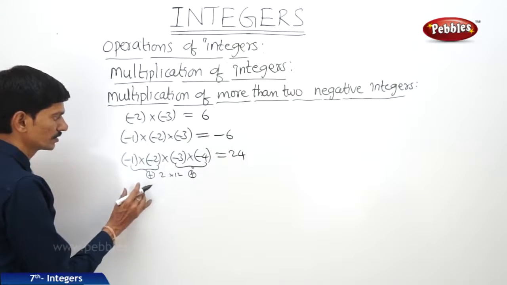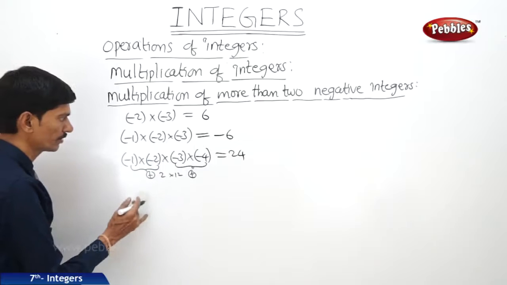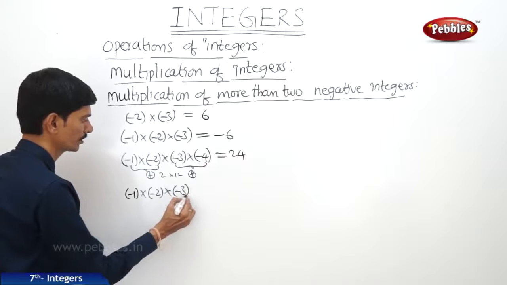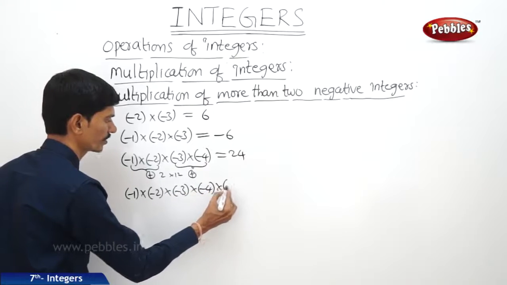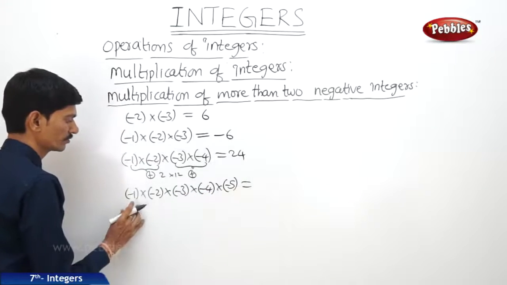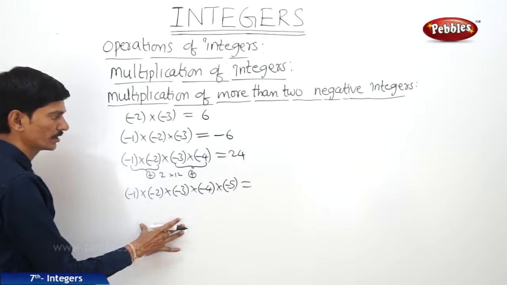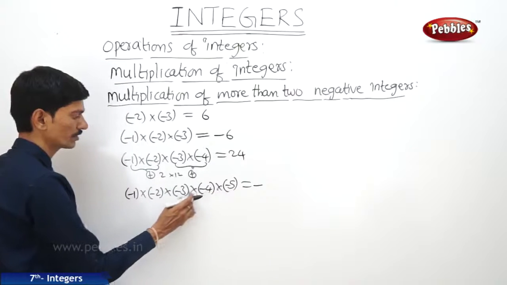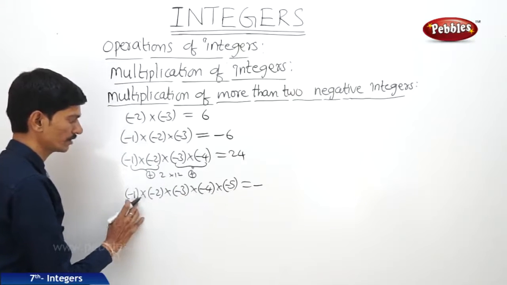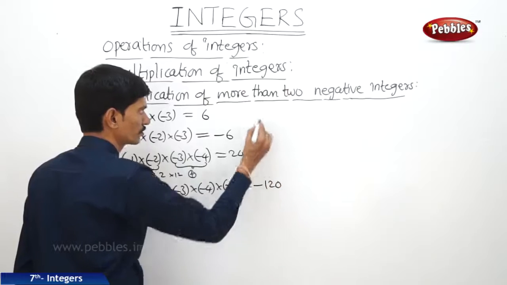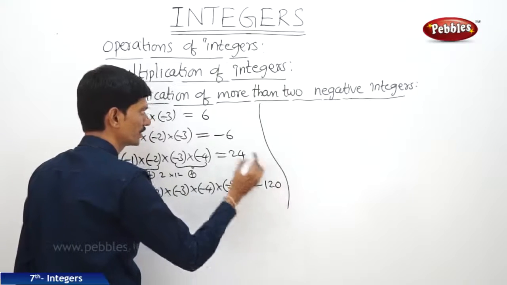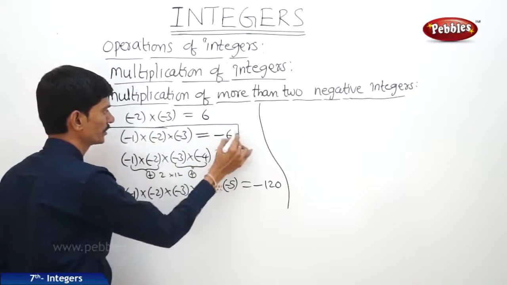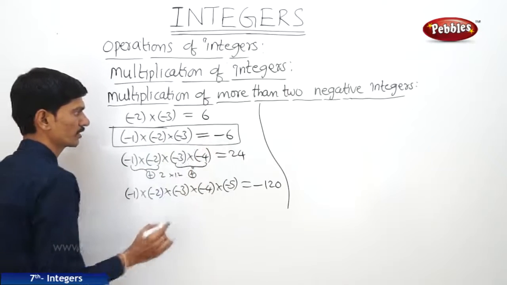And let us see what is the product of 5 negative integers. So minus 1 into minus 2 into minus 3 into minus 4 into minus 5. So when 5 negative integers are multiplied, then we get again a negative integer. So 5 4s are 20, 20 3s are 60, 60 2s are 120, 120 1s are 120, so minus 120. So when the number of integers being multiplied is odd, here we have multiplied 3 negative integers, then we get the product as a negative integer.